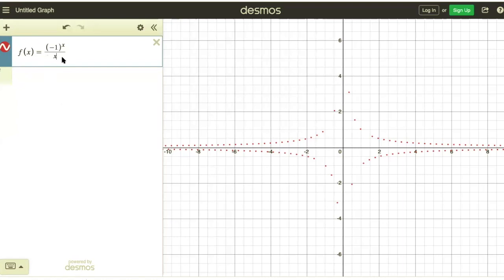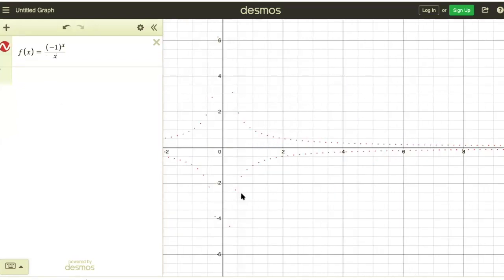So you really want to be careful here and make sure that you are aware of that fact. So if we focus on the positive x values, you'll notice that this graph is just dots because the function jumps from one value to the next value and it doesn't take on the values in between them.